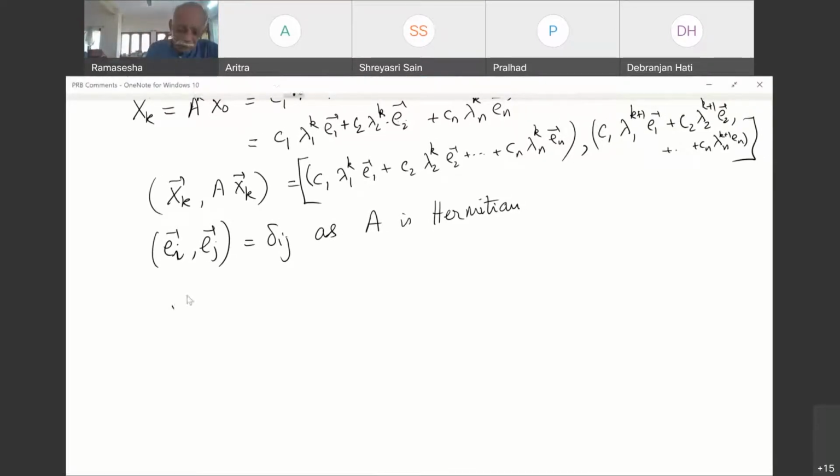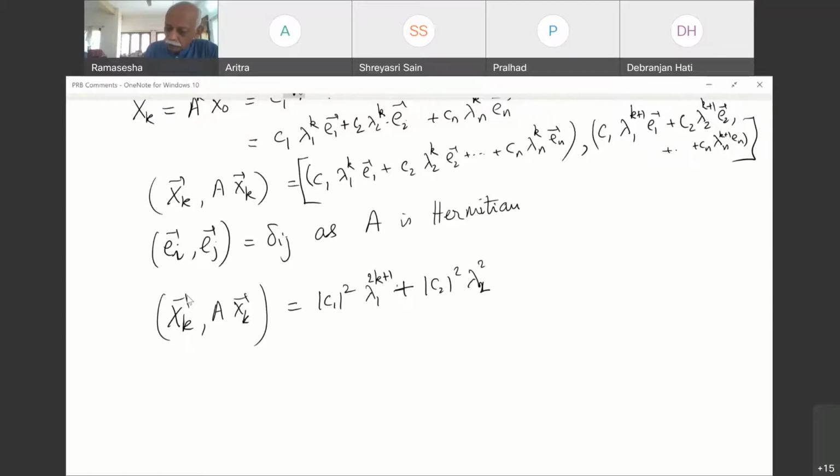Okay, so because of that, xk, Axk is equal to modulus C1 squared lambda 1 to the power 2k plus 1 plus modulus C2 squared lambda 2 to the power 2k plus 1 plus etc. plus modulus Cn squared lambda n to the power 2k plus 1.